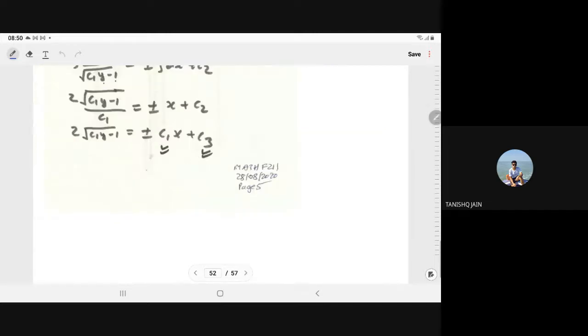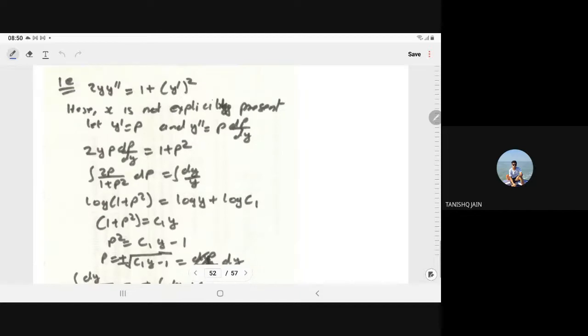Quickly, we understand it with an example. Here we have 2y y double dash is equal to 1 plus y dash whole square. This is a second order differential equation, and here you can see x is missing.